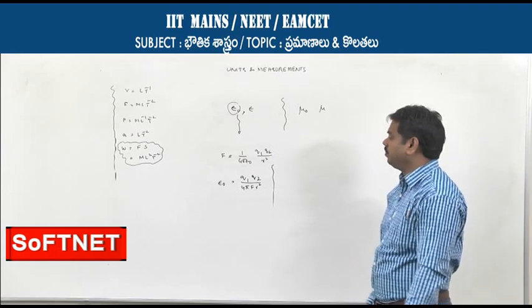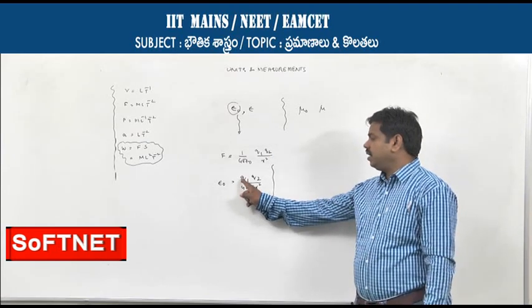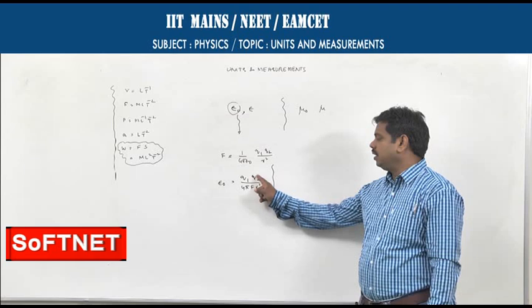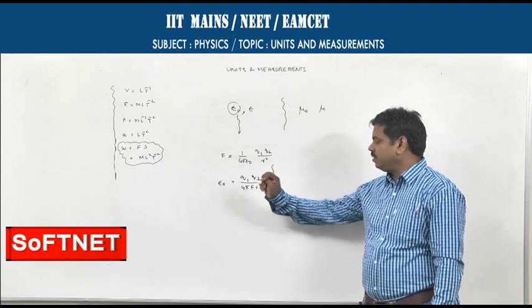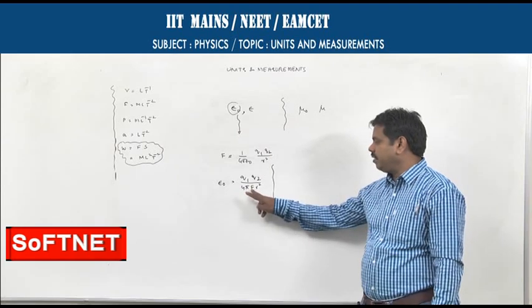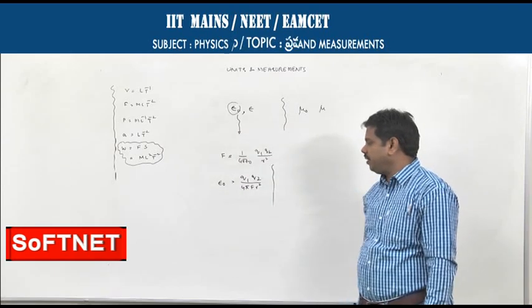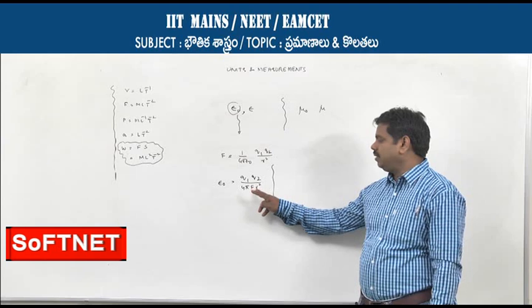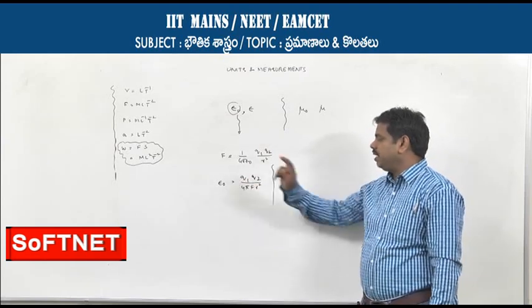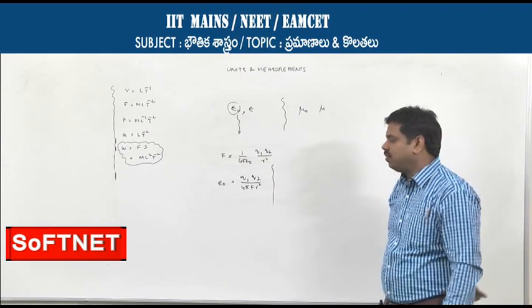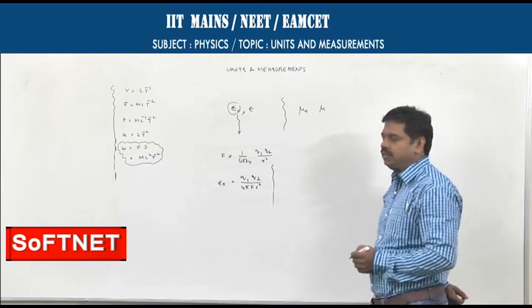Now see here, we have the physical quantity charge q1 and also charge q2. 4 pi is a constant, no dimensional formula. F, force, we already know the dimensional formula. Distance square, length square, we already know its dimensional formula. Only we don't know the dimensional formula of the charge. Then how to write the dimensional formula of the charge?